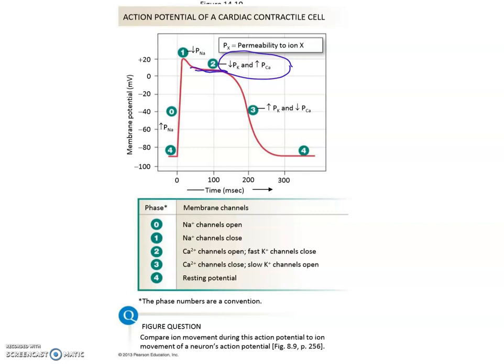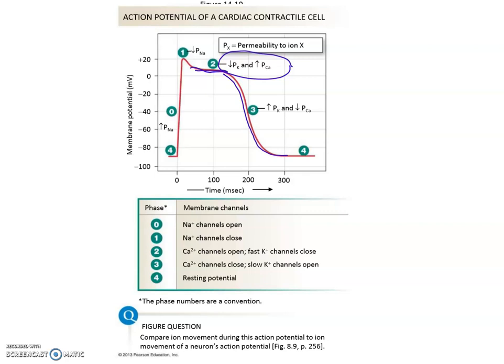I call that the battle of the cations. Potassium is leaving, calcium is coming in, and the two balance each other out for quite some time. Eventually the permeability of potassium increases and the permeability of calcium decreases, and so potassium wins, and we're coming back down here.